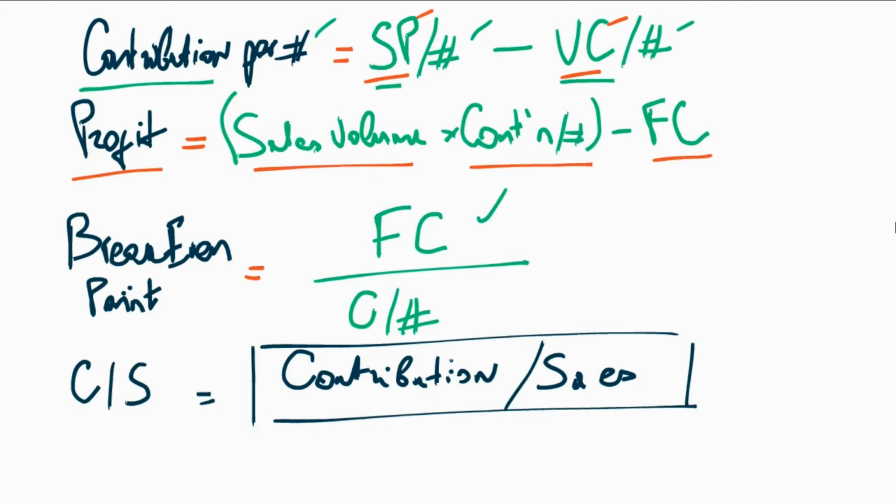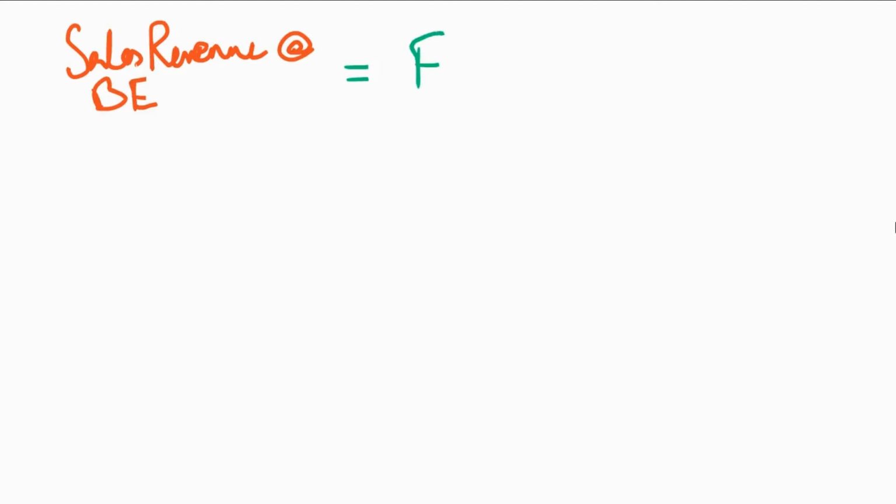Let's move on. Let's talk about sales revenue at break-even point, and that is, at the break-even point, how much revenue we make. So sales revenue at break-even point is equal to fixed cost divided by the CS ratio.